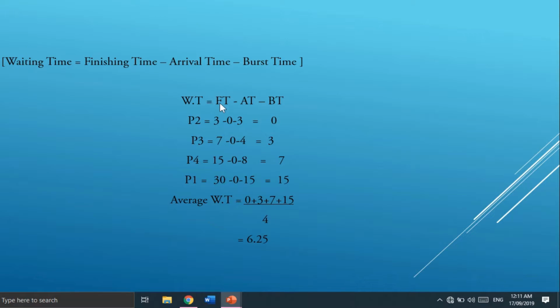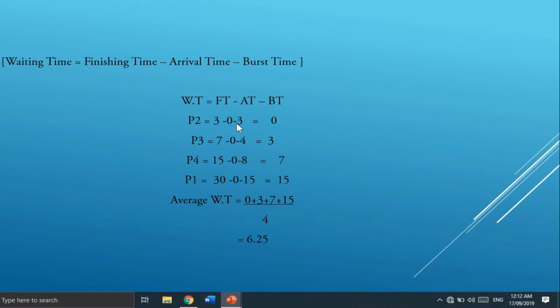Since our shortest process is P2, P2 has a finishing time of 3 and an arrival time of 0. As I said, all arrival times are considered as 0.